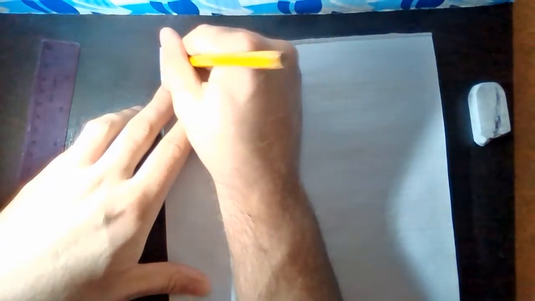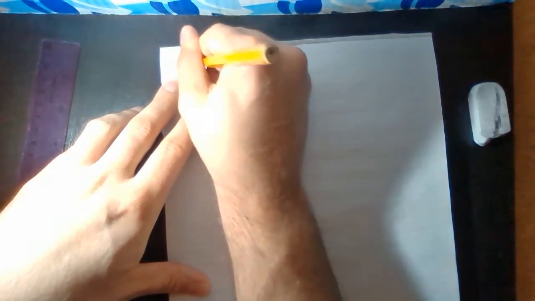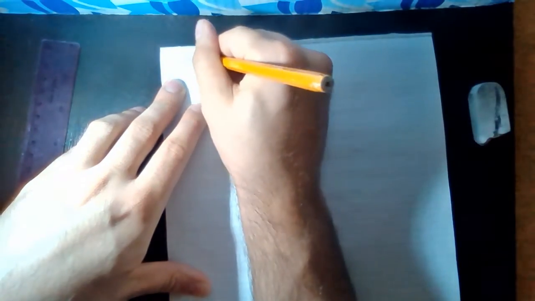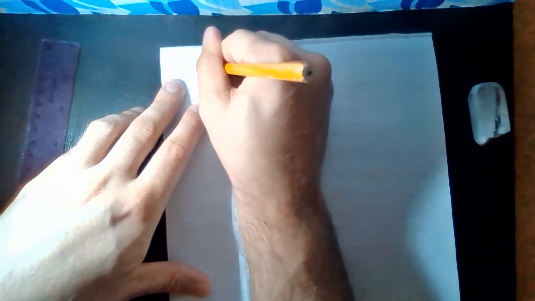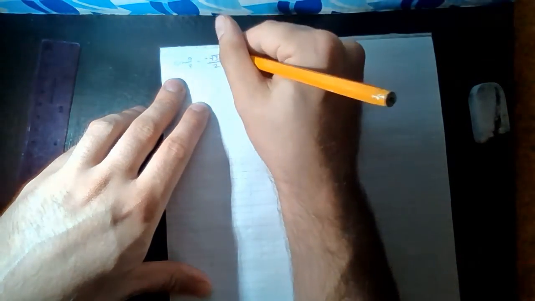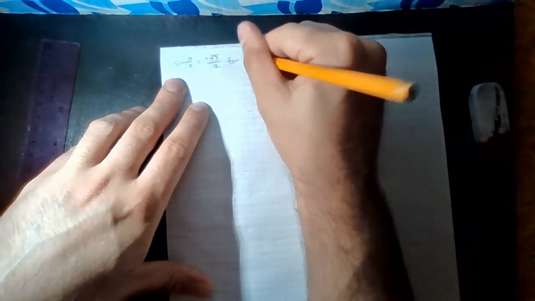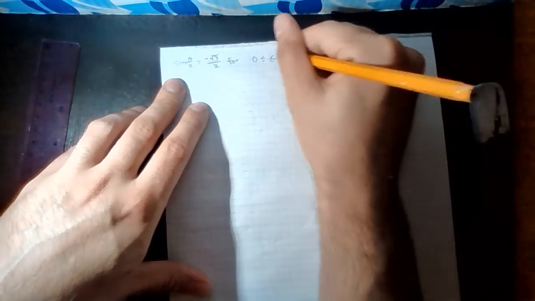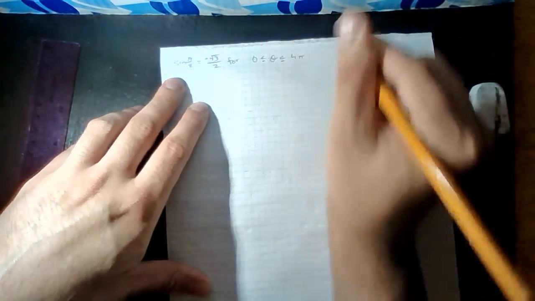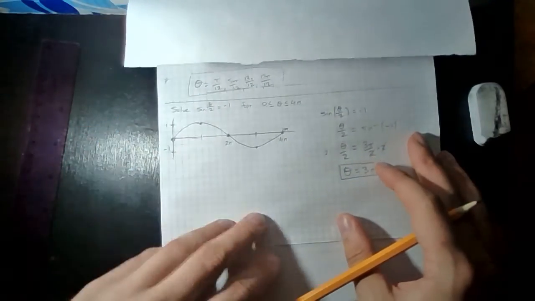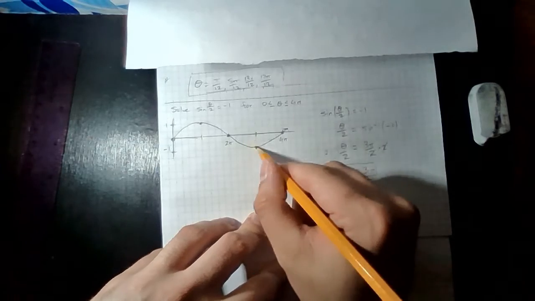We'll look at the same function, sine of theta over 2, but this time for -√3 over 2, and that is also for 0 is less than or equal to theta is less than or equal to 4 pi. We already drew out our graph. We can see -√3 over 2 is somewhere in between 0 and 1.